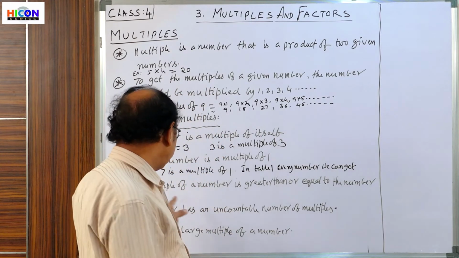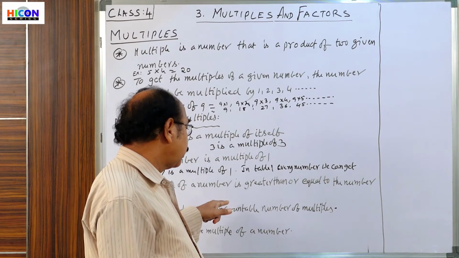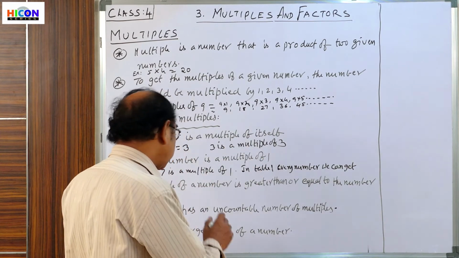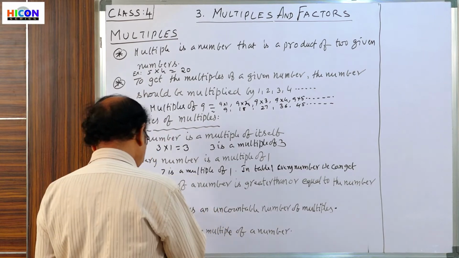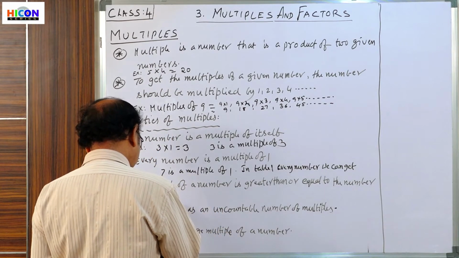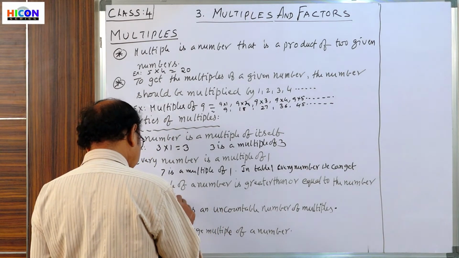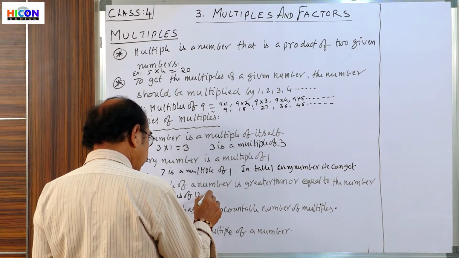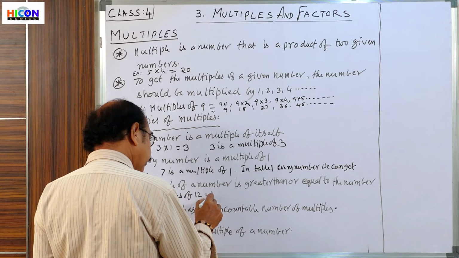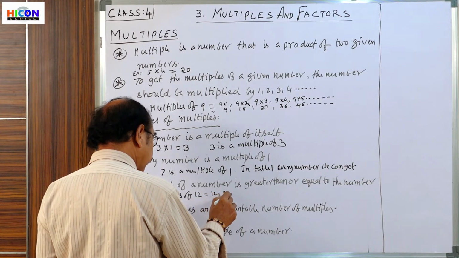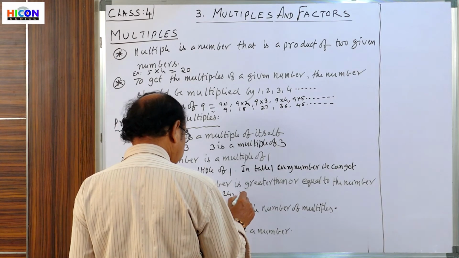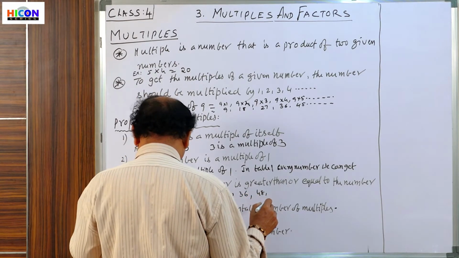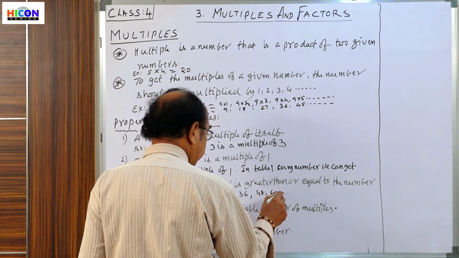Third property: a multiple of a number is greater than or equal to the number. For example, children, suppose multiples of 12. 12 ones are 12, 12 twos are 24, 12 threes are 36, 12 fours are 48, 12 fives are 60, and so on.